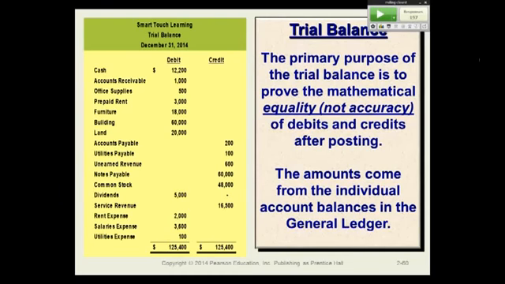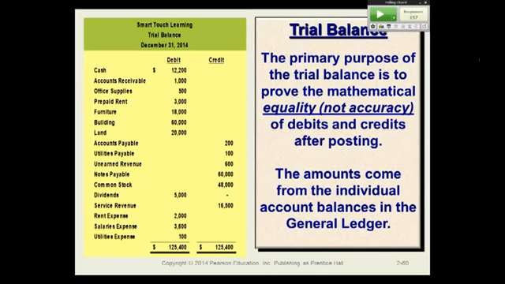You should notice that all of the accounts are listed into their debit and credit columns. This is a good question because I had one before about do debits always come first. When you do a trial balance, you're going to list them in order of their account numbers. So if you remember, you go back and look at the chart of accounts, the chart of accounts would have cash as account 101, accounts receivable as account 120, and so on.